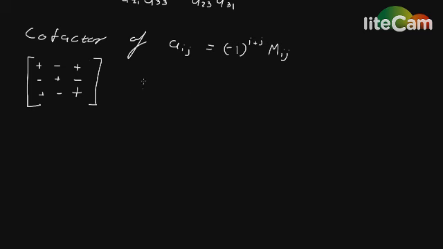Okay, so let me prove that to you quickly. If I say find the cofactor of matrix element A13, how are we going to do that? Well, first we're going to take -1 to the power of i plus j, which is -1 to the power of 1 plus 3, since i is 1 and j is 3.